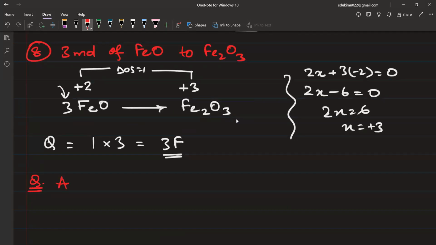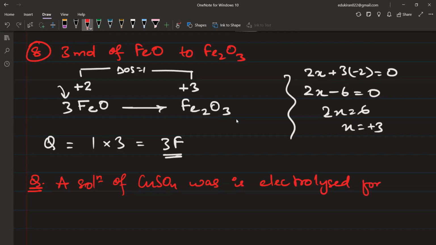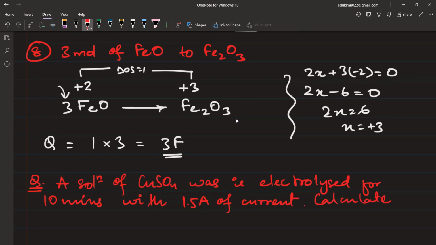A solution of CuSO4 is electrolyzed for 10 minutes with 1.5 amperes of current. Calculate the mass of copper deposited.